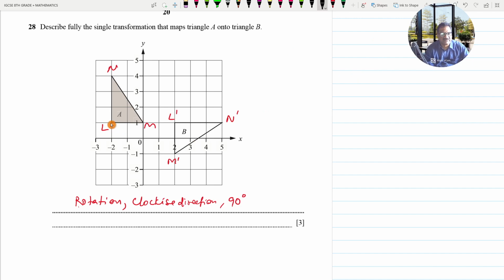So if I join L L dash, the perpendicular bisector of L L dash will be this. Now I'll join M M dash. The perpendicular bisector of this M M dash will be this line. Can you see this line?